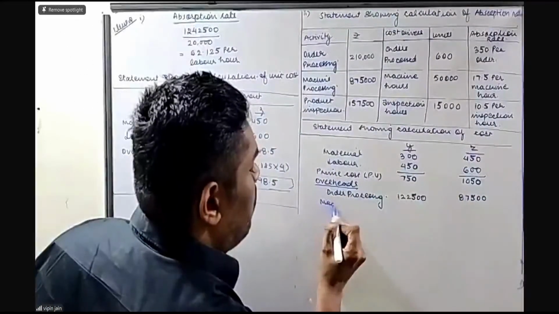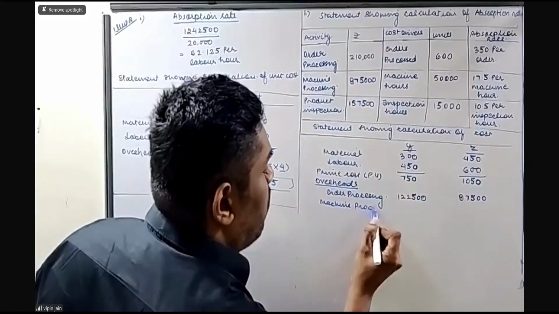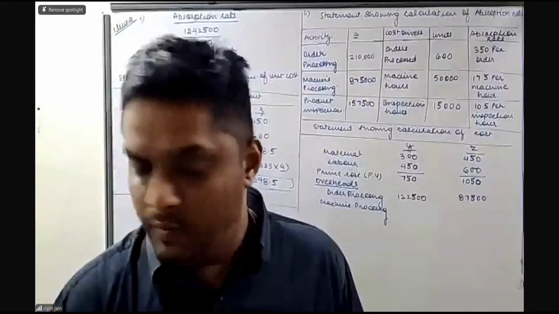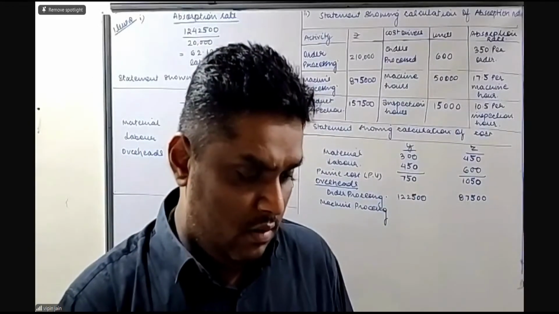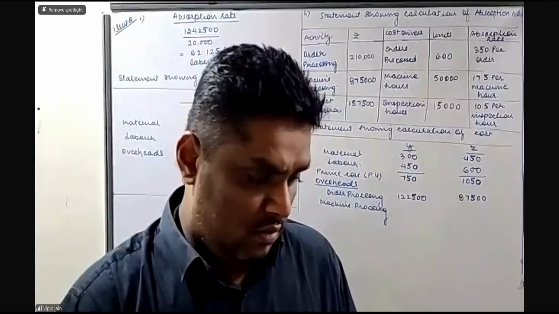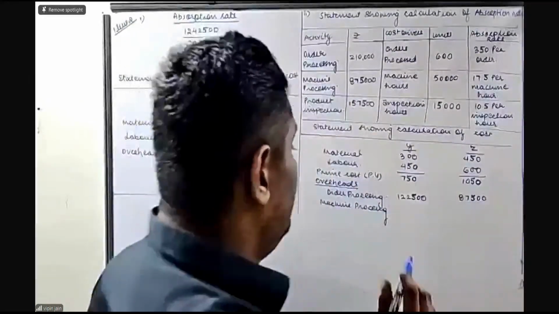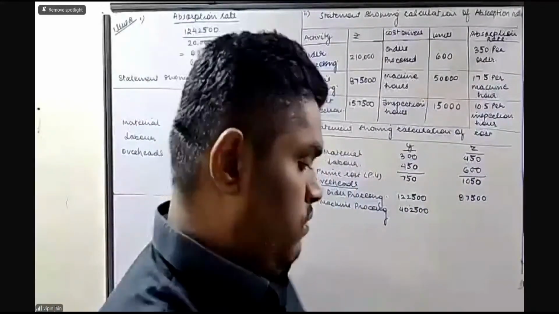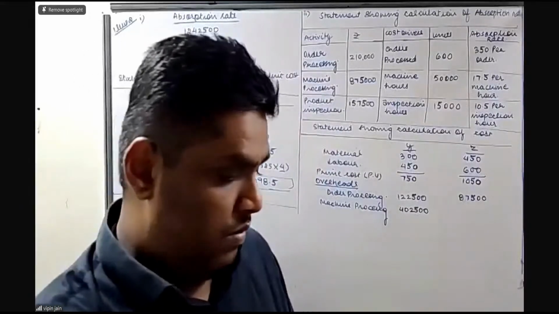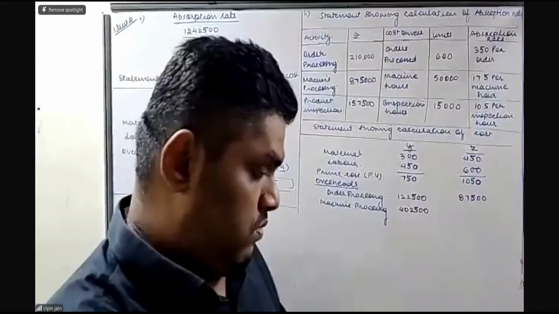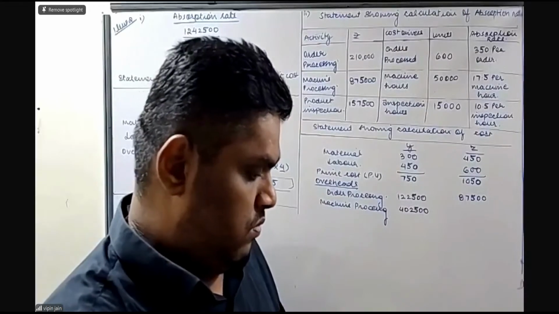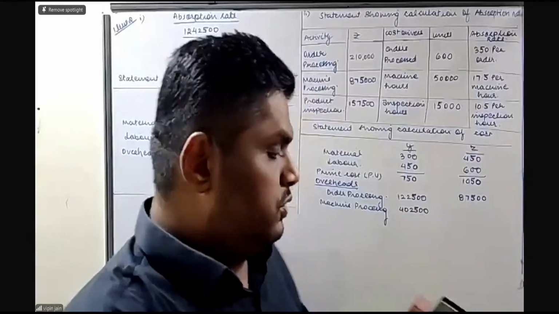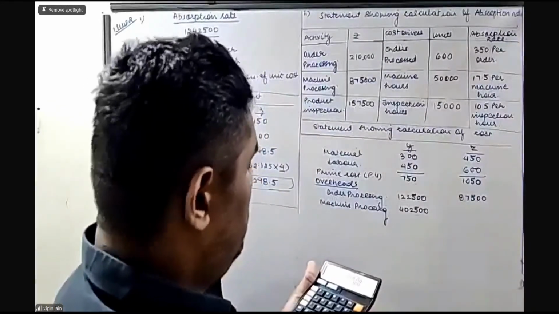Machine processing, 17.5 per machine hour. So 23,000. So it comes to 4,02,500. So this will be 4,72,500.